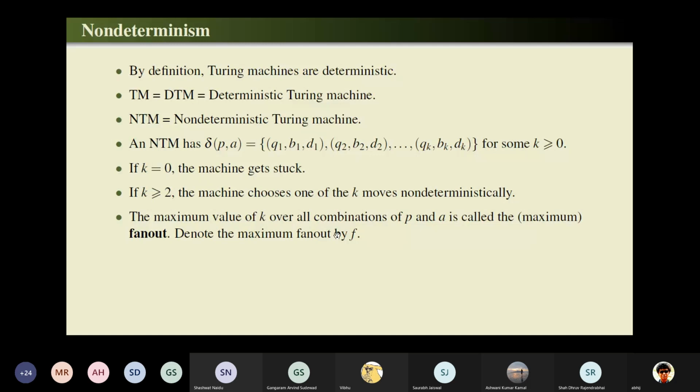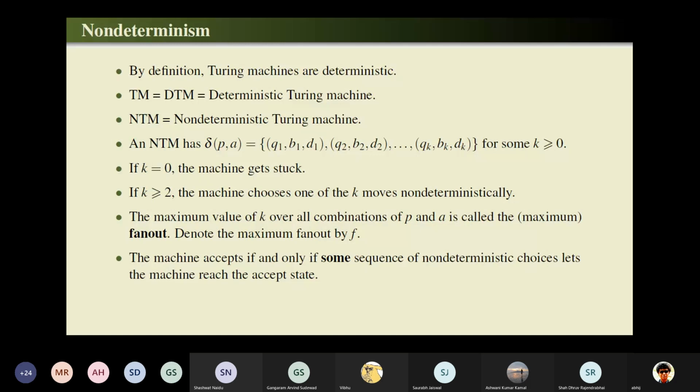We'll come to that. That is called the maximum fan out, or fan out, and I will use the symbol F for it. How many ways the computation can proceed starting from a given point.